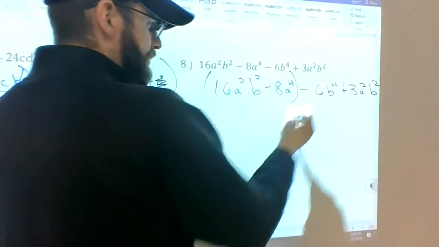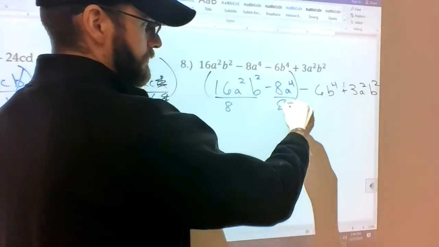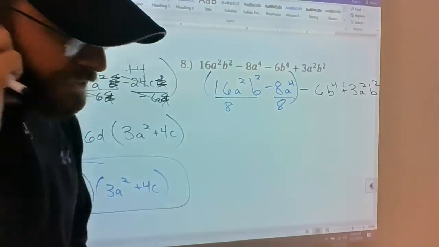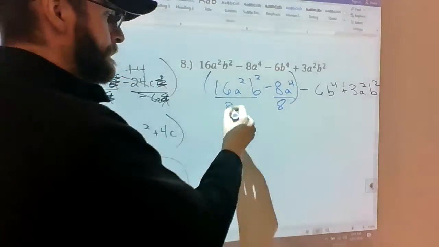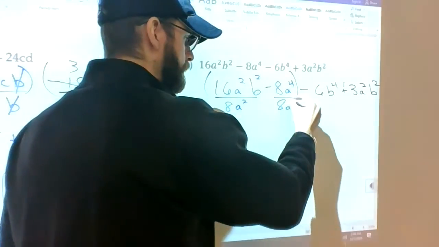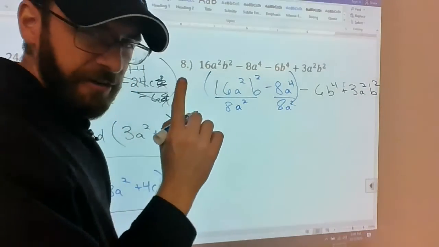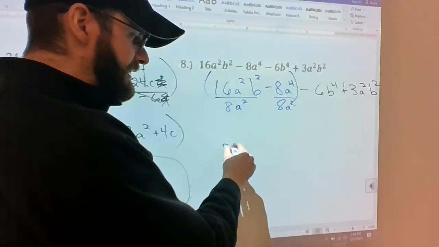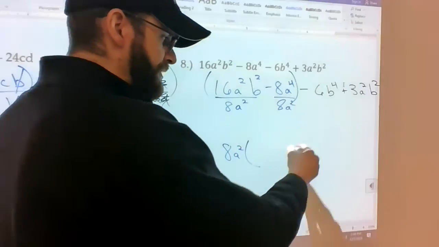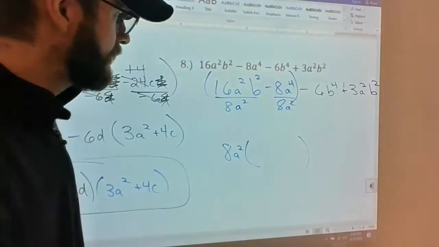So this first group, they both share an 8. And they also both share a squared. And I do believe that's it. So let's be very careful as we just determine what goes inside the parentheses. So 8a squared goes on the outside of parentheses. That's what it means to divide it out.